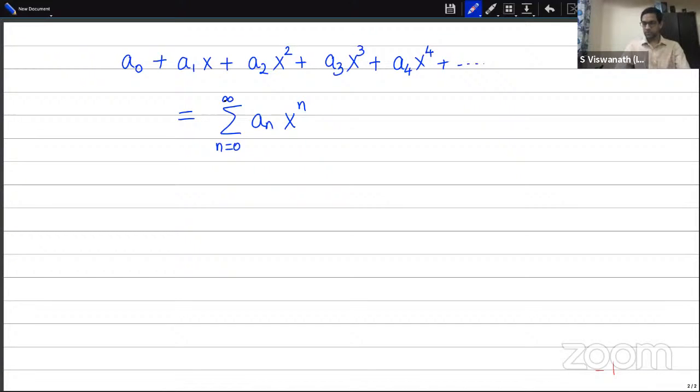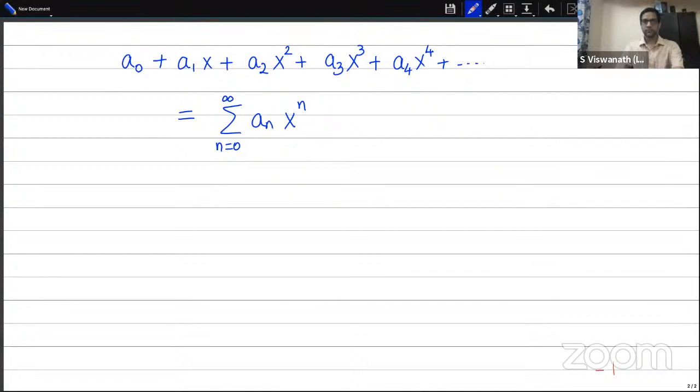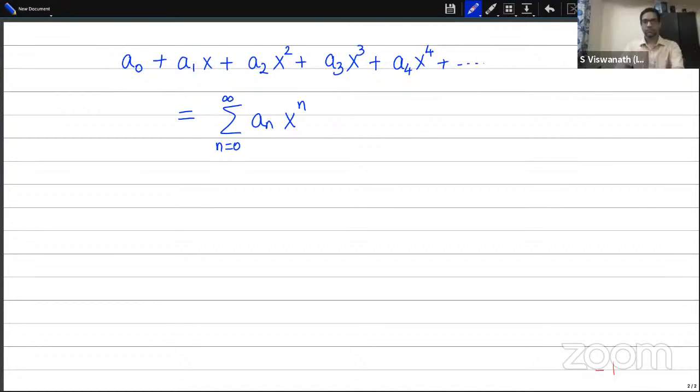What sort of object is this summation of a(n) x to the n? It's a series. What sort of series? Power series, right? One way of describing what this is, it's like a power series. But for us, we will think of this as really only a formal power series.